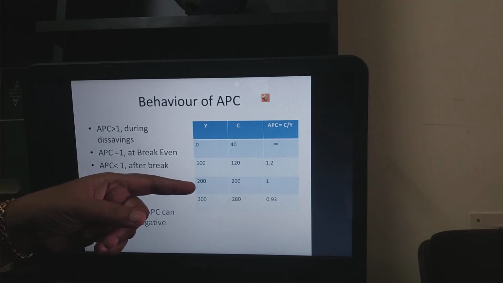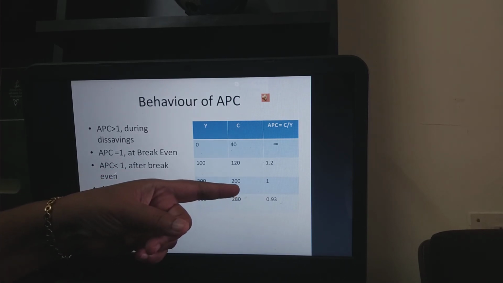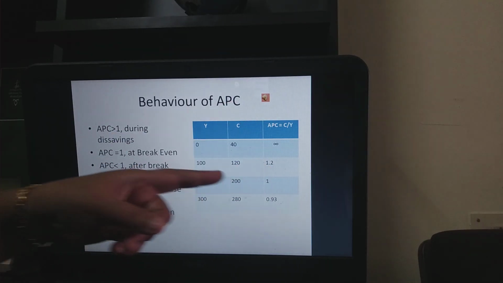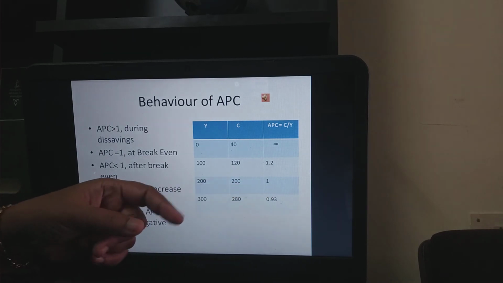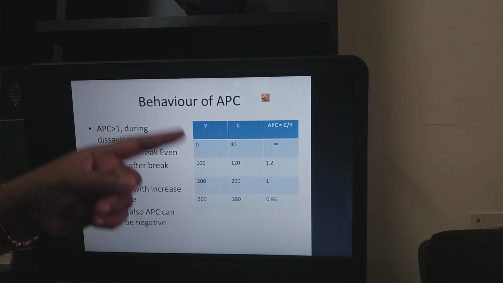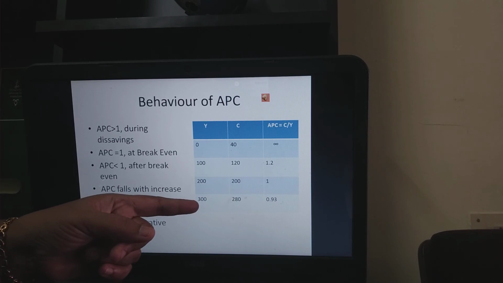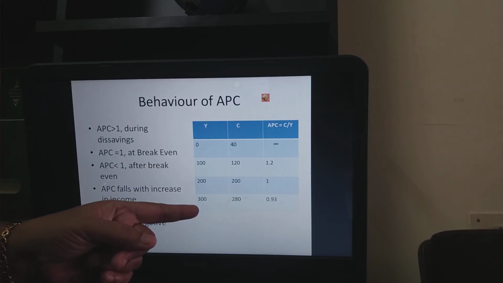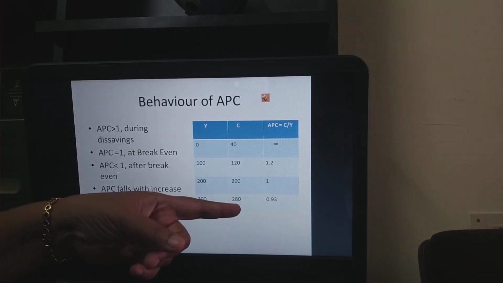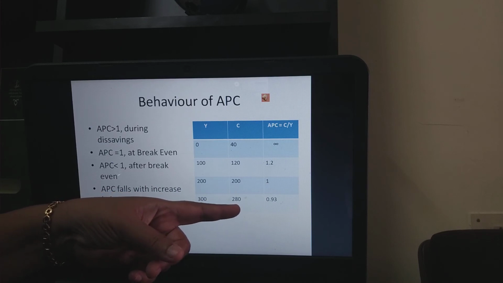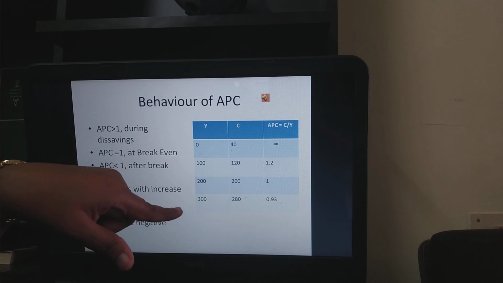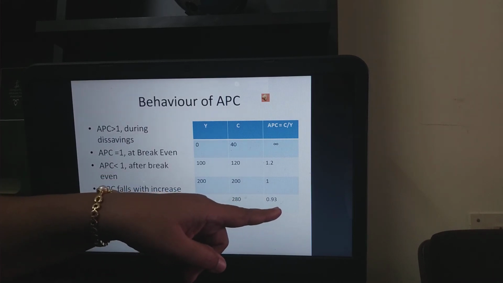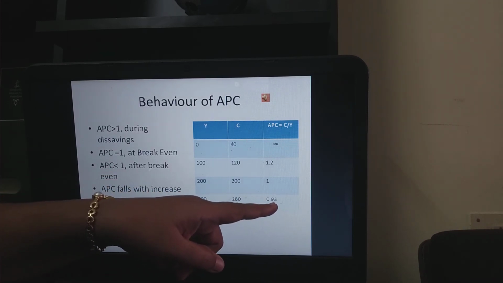Now this is break even. You know that income is equal to consumption. So APC is C by Y, which is 200 by 200, thereby it is 1. And then when income increases beyond this break even, your consumption is only 280, and your income is 300. So 280 by 300 is 0.93.